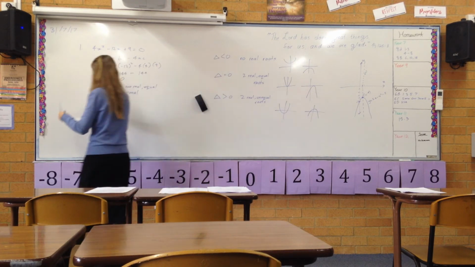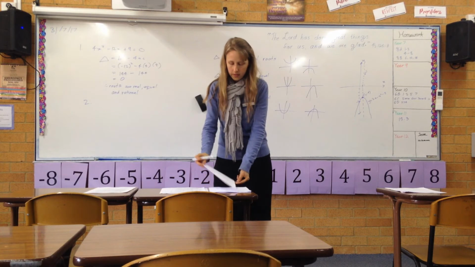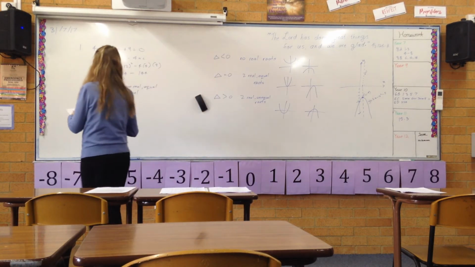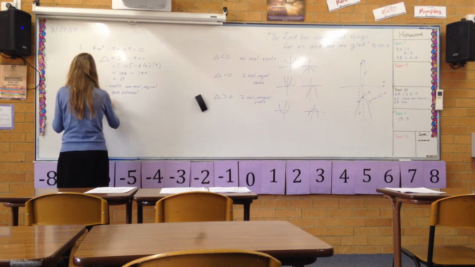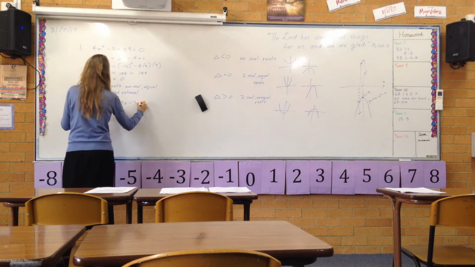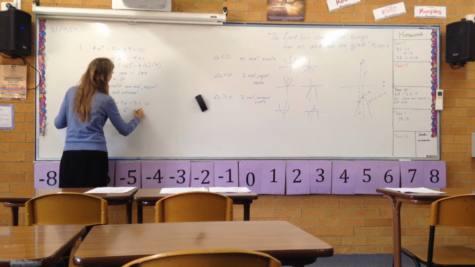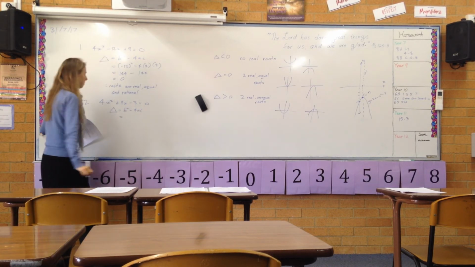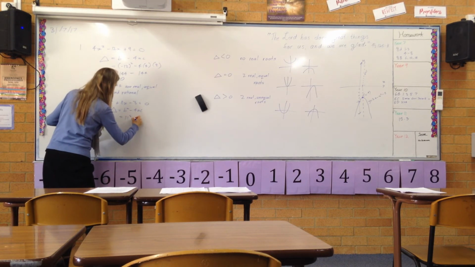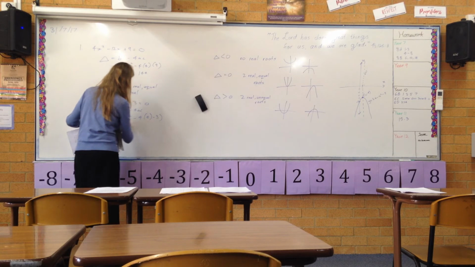Number 2. 4x squared plus 11x minus 3 equals 0. Find the discriminant, so I have b squared minus 4ac. b squared, so you have 11 squared minus 4 times 4 times minus 3.